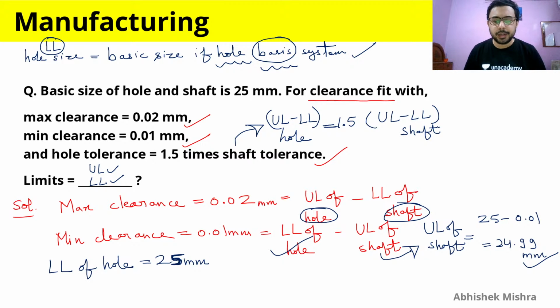So if we are considering tolerance, then as discussed before there will be an upper limit, that is the maximum size, and there will be a minimum size, that is the lower limit. Subtracting both of these, we will get the tolerance, and in the question it is given that the hole tolerance is 1.5 times the shaft tolerance. So from here we can find the relation.